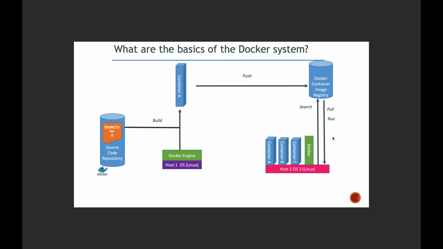From there we have our own hosting, like a private cloud, public cloud, or any other machine. There you can just configure the registry, pull the image and run it. Similarly, from the hosts, you can search for images in the registry.